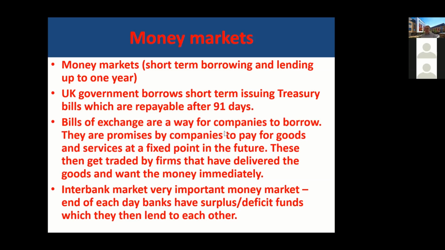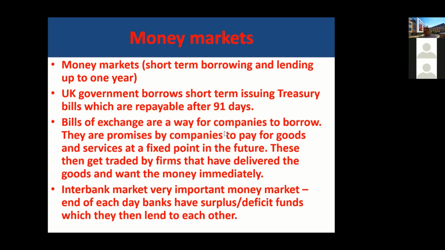A bank will have a surplus of funds if they've received more deposits that day than withdrawals. Equally, another bank on that same day might have had more withdrawals than deposits. So at the end of the day, these banks will go to the interbank market and borrow and lend money from each other to effectively balance their books.